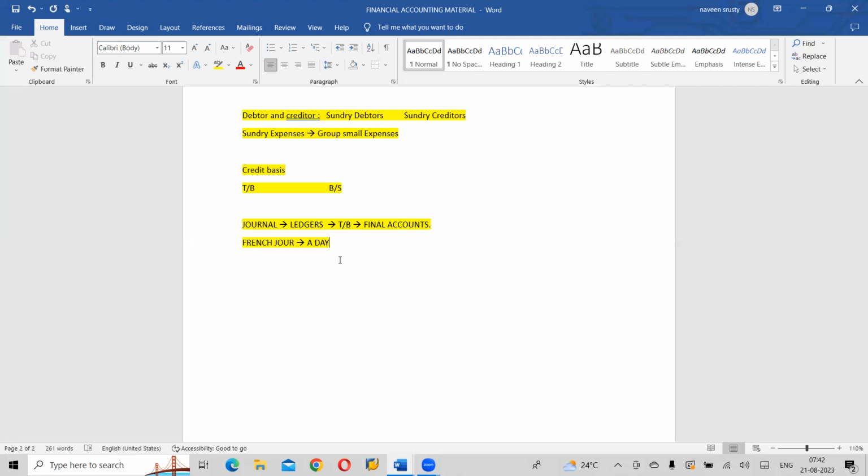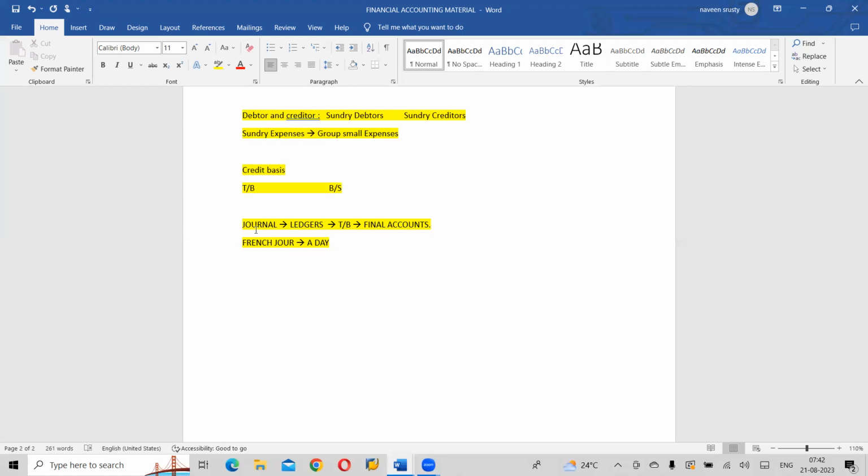Clear? So whenever transactions take place, first they will be recorded in a book called journal. The process of writing the transaction with the rule of debit and credit is called an entry. Transaction, entry, the happening of an event, for example purchase of goods for cash. You will record that by applying three different rules: personal, real, nominal account. You will segregate: purchases account debited to cash account, whatever you are framing.